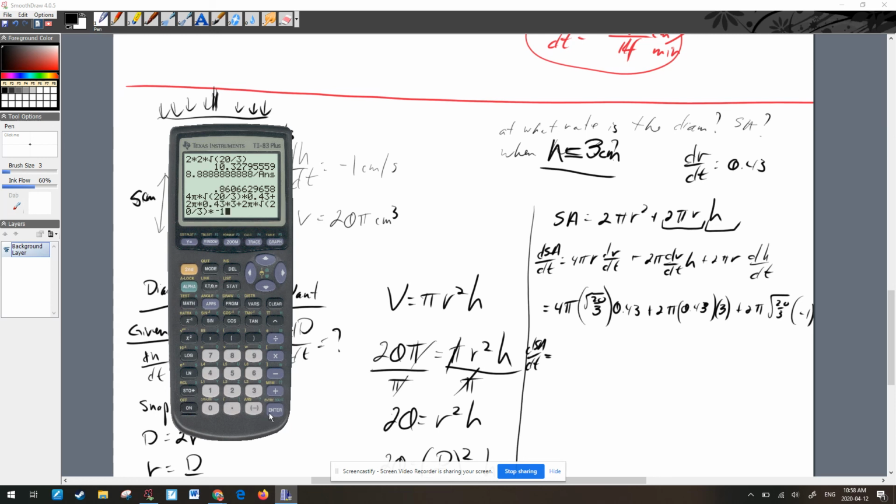And our final answer there, if I've typed it in properly, which I'm hoping that I have, is 5.83, excuse me.